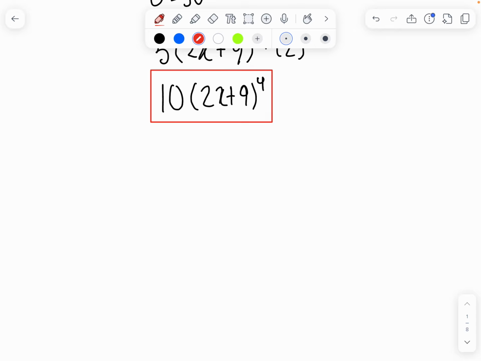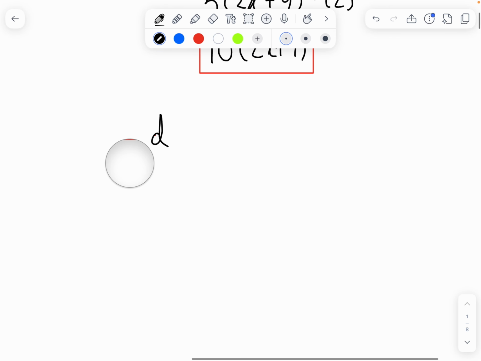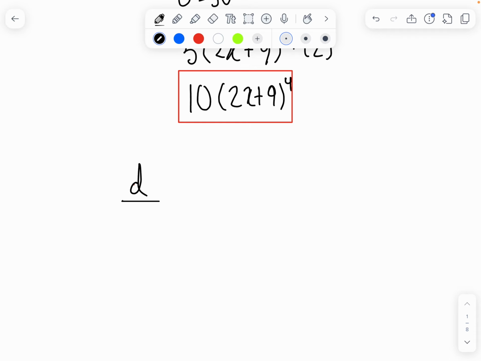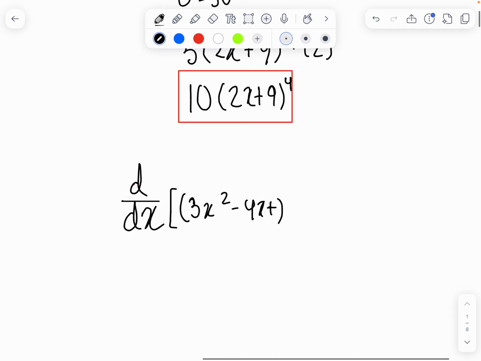What is the derivative of 3x squared minus 4x plus 1 to the power of 4?